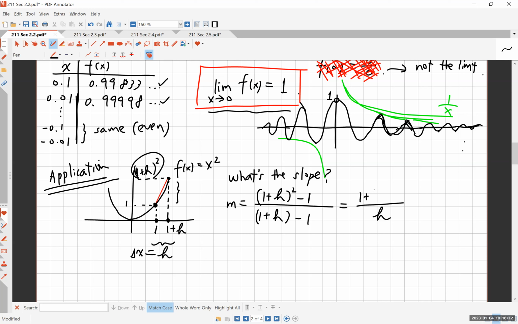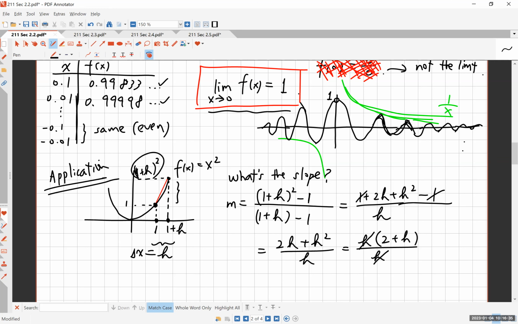The top is 1 plus 2h plus h squared. Remember how you multiply things out, the square binomial. And then minus 1, and of course, these will cancel. And so this is 2h plus h squared over h. You can factor out h. 2 plus h, okay?